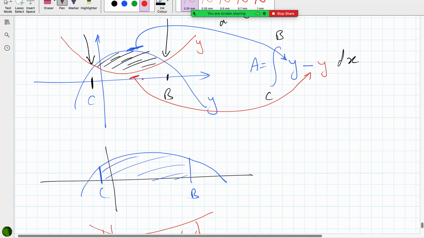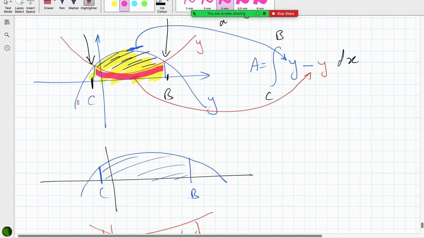So area under the blue curve is actually more. If I shade it with yellow, area under the blue curve is this, and area under the red curve is this. So when you subtract these two, you will get the area bounded by the 2 curves.